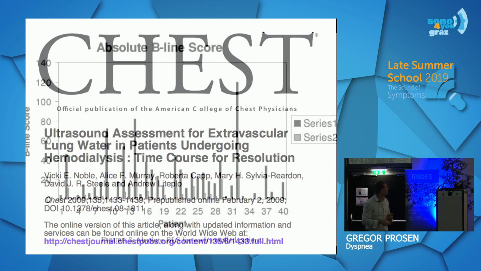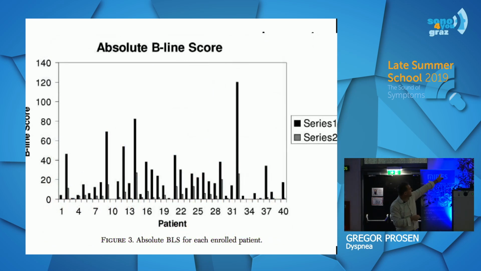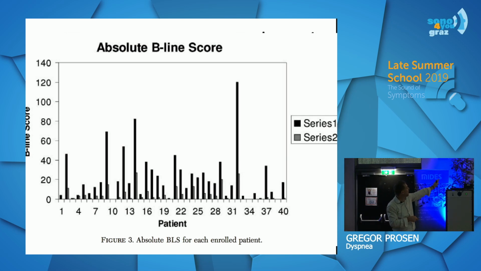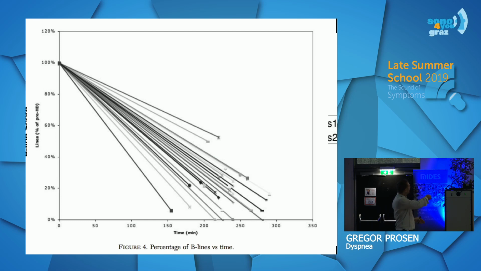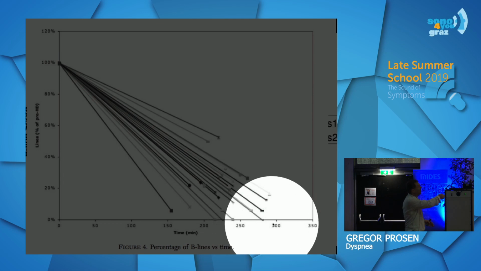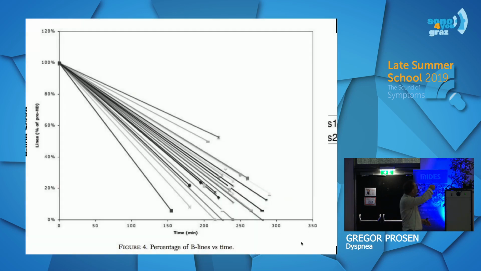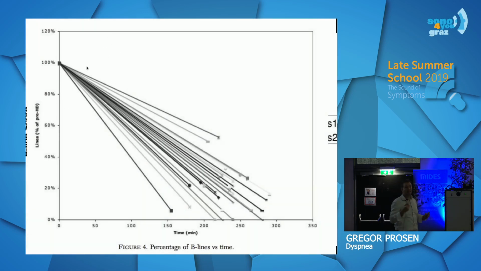And look at this beautiful graph. They came with many B lines, black, and went with gray. Most importantly, look, during the dialysis session of 3-4 hours, they all came with a high percentage of B lines, meaning their lungs were wet. They had some interstitial edema, okay?